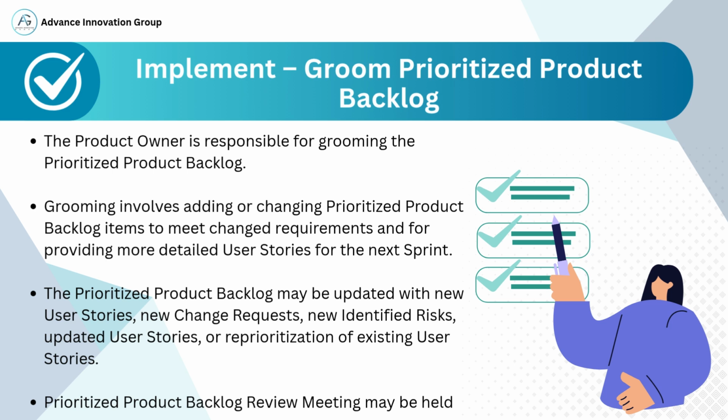To support this activity, prioritized product backlog review meetings may be held regularly. These sessions allow the Scrum team and relevant stakeholders to collaboratively review the backlog, discuss dependencies, clarify requirements, and make necessary adjustments. This grooming process keeps the Scrum team aligned with product goals and helps ensure that the upcoming sprint starts with clear, achievable, and valuable work items.